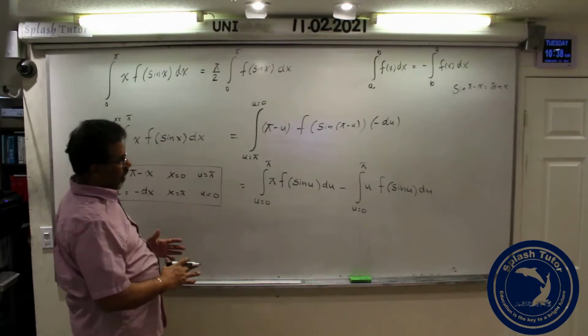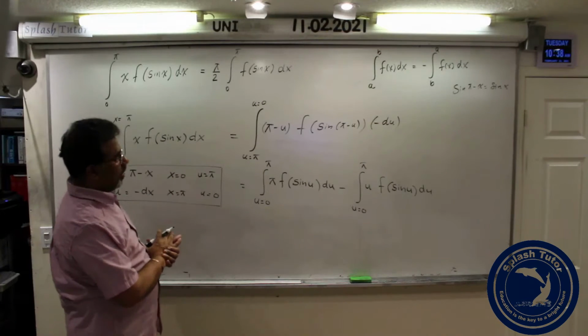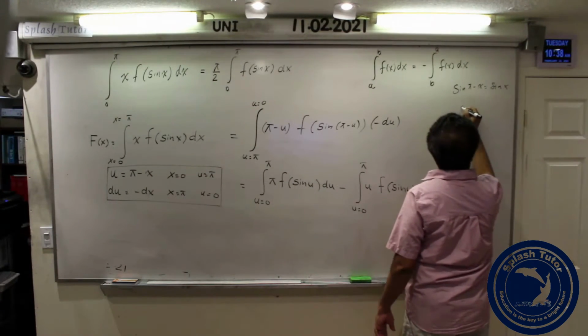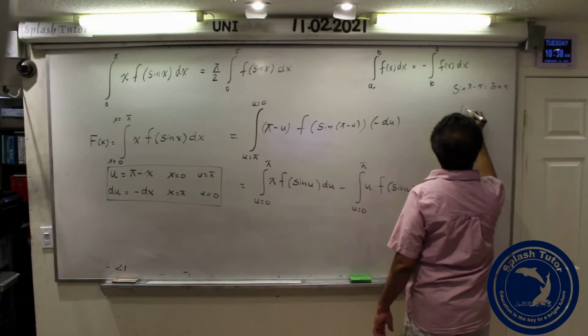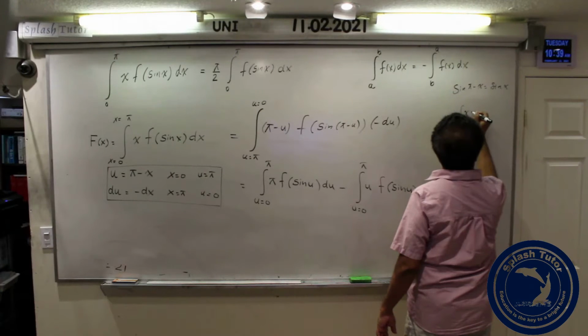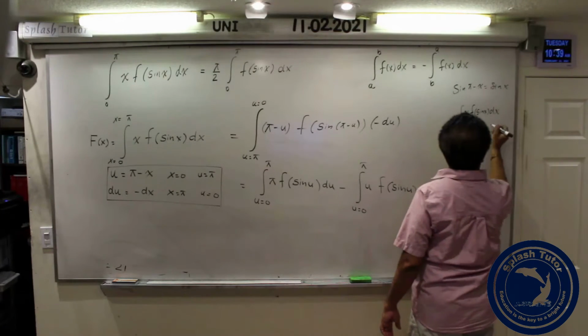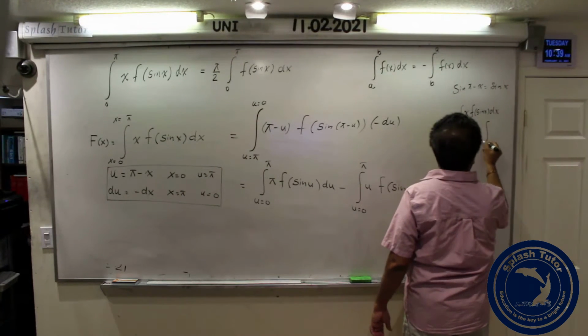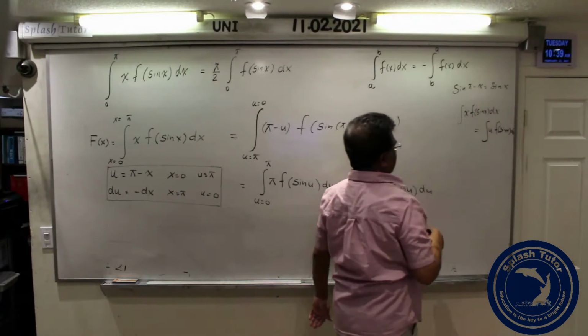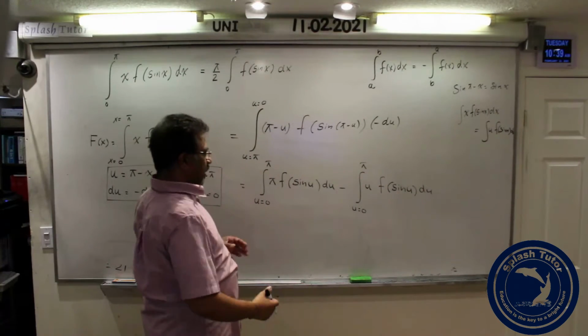Now we know this also: the integral of x times f(sine x) dx is the same as the integral of u times f(sine u) du. Both are the same, just the letters are different, right? Yeah.